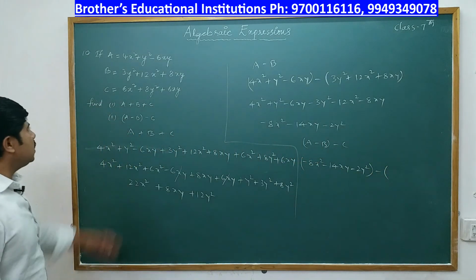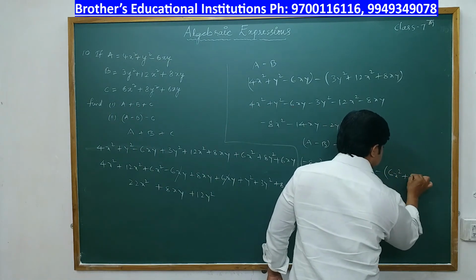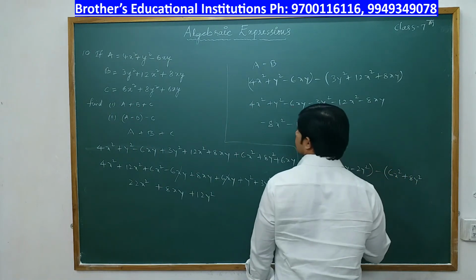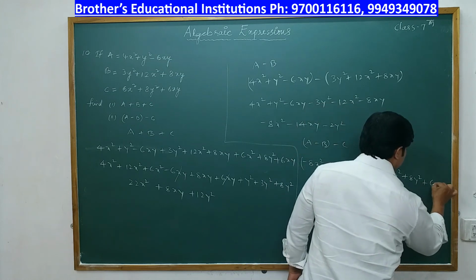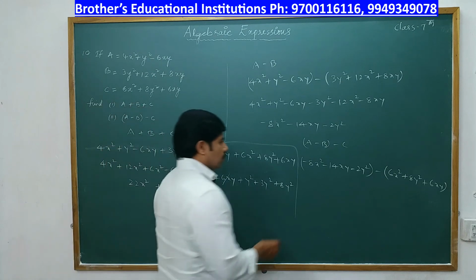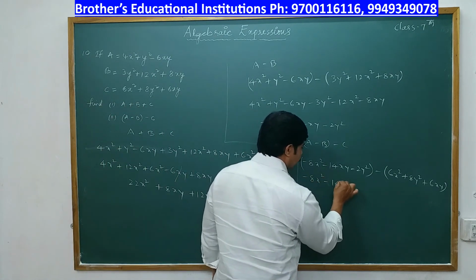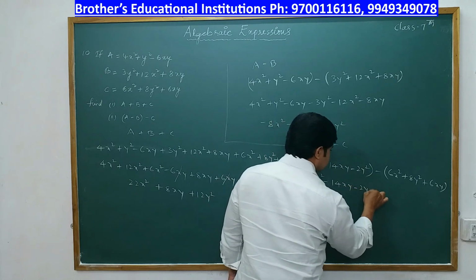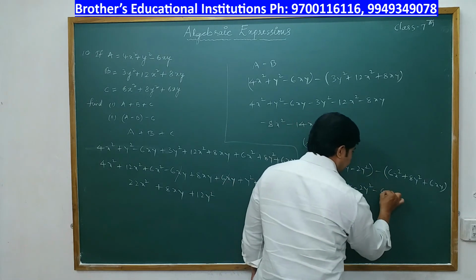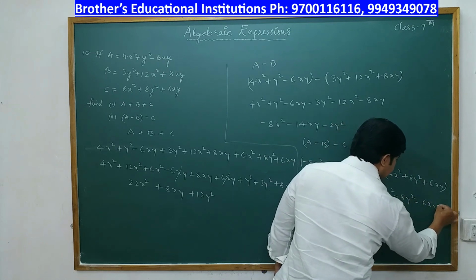So what is this c? 6x square plus 8y square plus 6xy, right? So now minus 8x square minus 14xy minus 2y square minus 6x square minus 8y square minus 6xy.